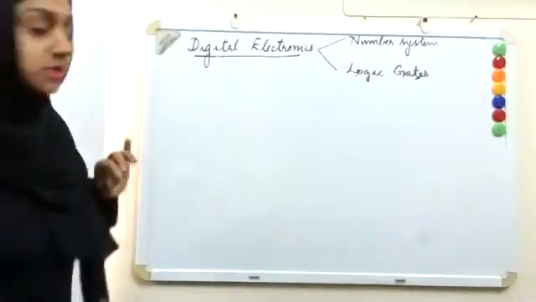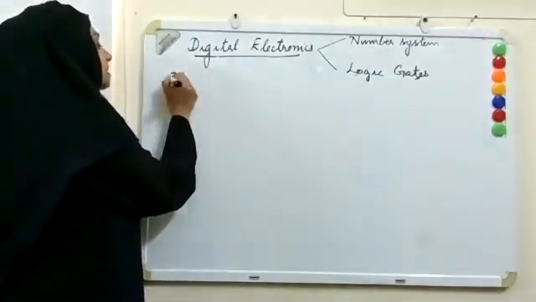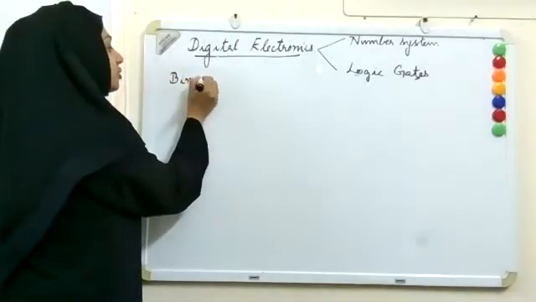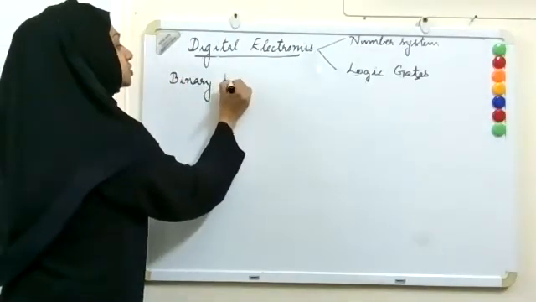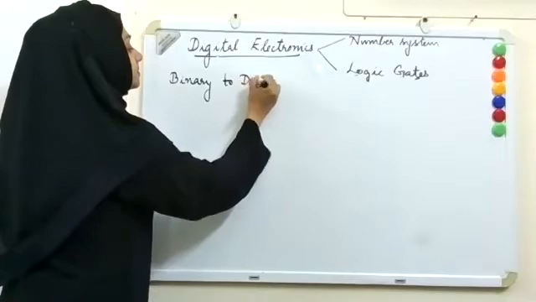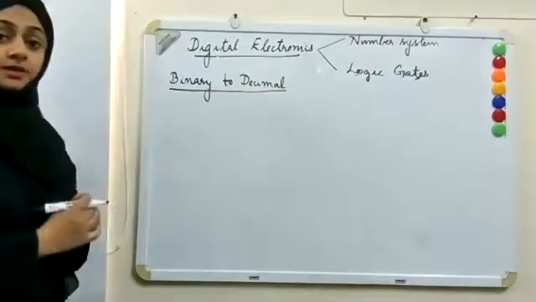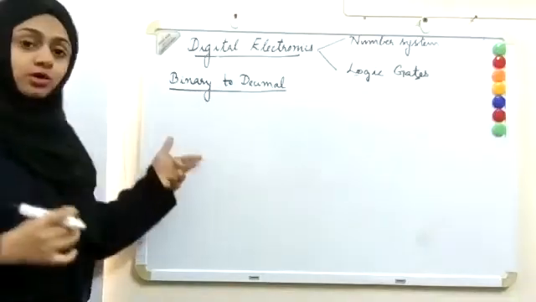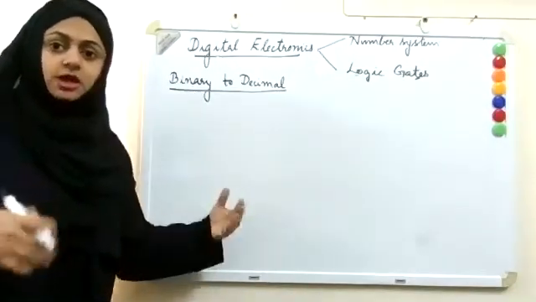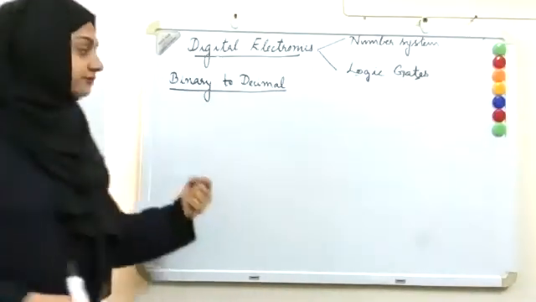Let me start with binary numbers. Binary, we are converting to decimal. Okay, all of you listen. After this, I will give you some homework which you have to do.